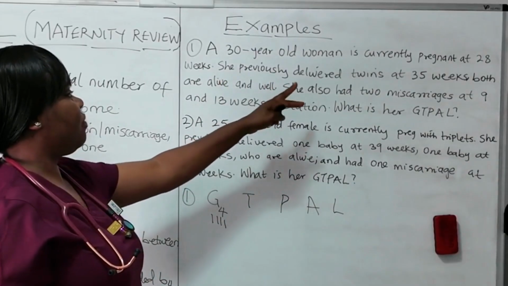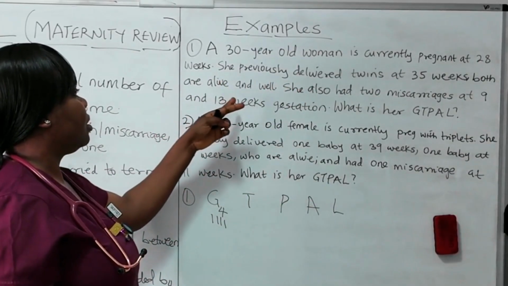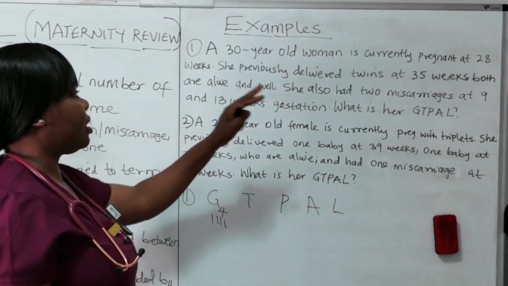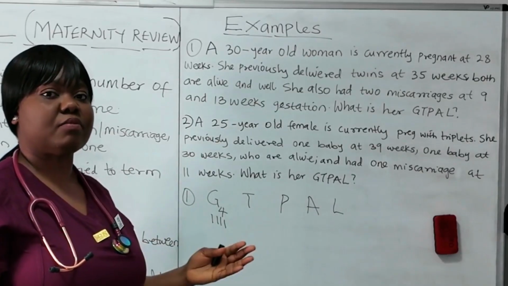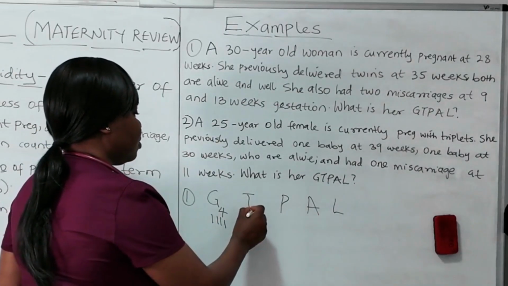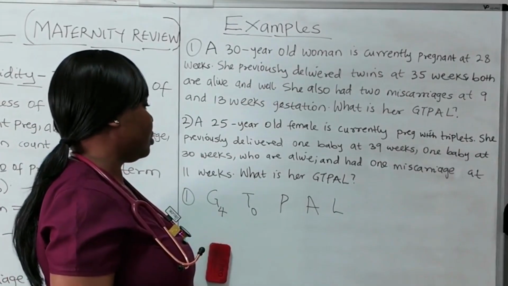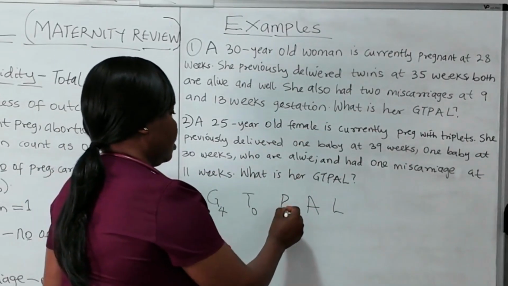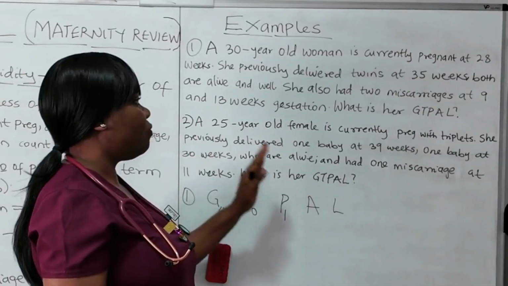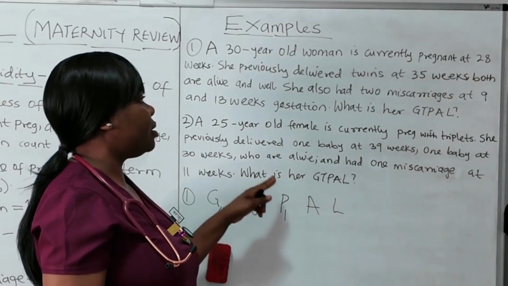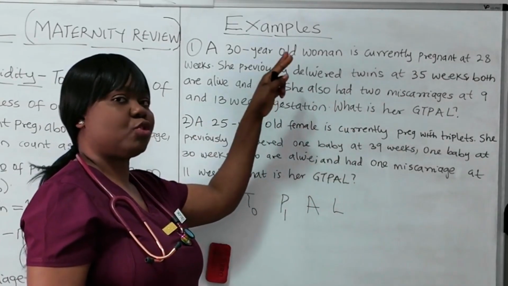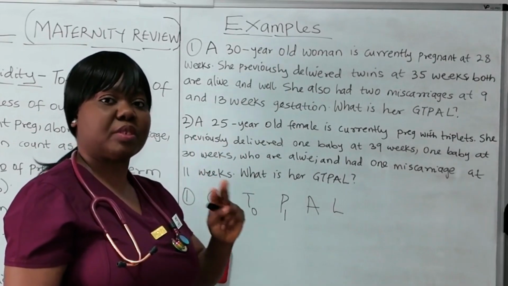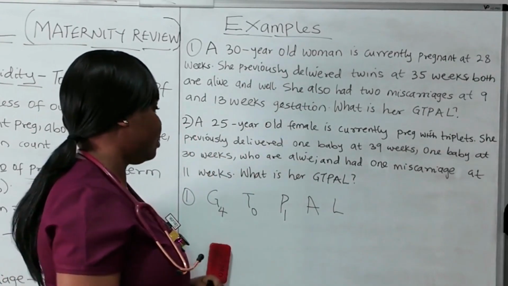Now, the term birth. If we look at this, she delivered the twins at 35 weeks and she had miscarriages. So 35 weeks is less than 37 weeks, so no term birth. So term birth is 0. Now preterm birth is 1. That's at 35 weeks. Now don't get confused with the preterm birth being 1. Even if she delivered twins, it's still counted as 1 preterm birth, just as 1 Gravida.